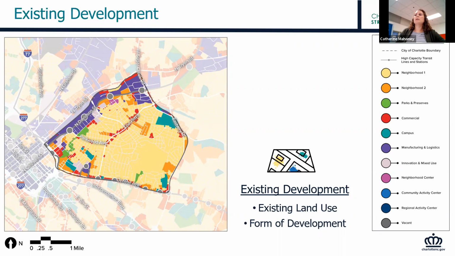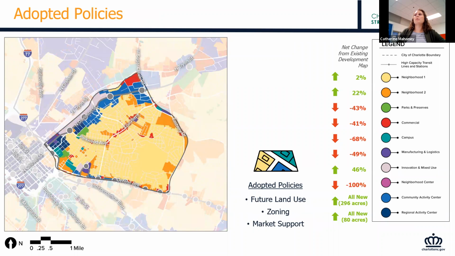The next step to developing the draft map was to translate adopted policies into the place type tool. And so in this area, we translated policies adopted since 2010. And so that primarily includes the Blue Line transit station area plans along the North Davidson, North Tryon area of this map.